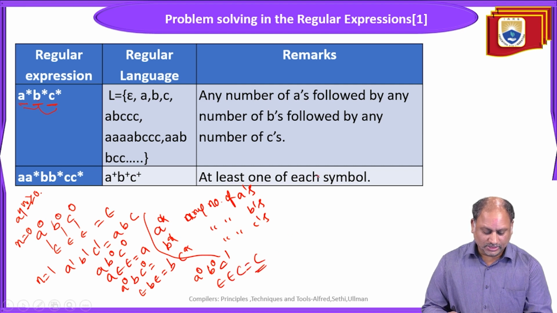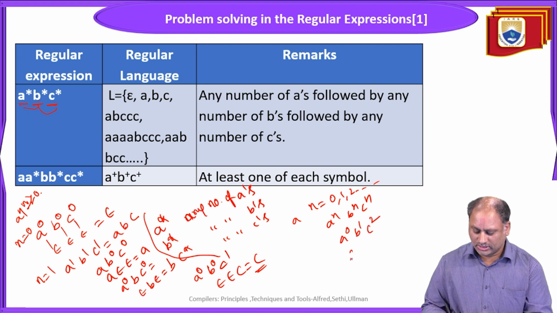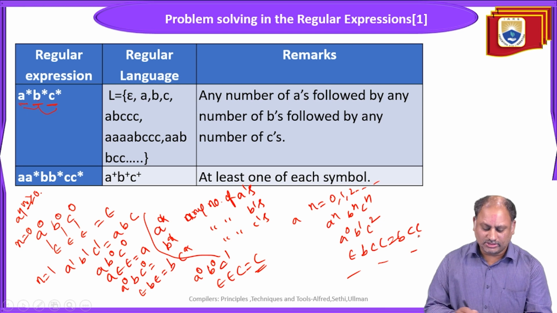So any number of A's, that means n equal to 0 with A, n equal to 1, and so the combinations may increase. So n is equal to 0, 1, 2. So A power n, B power n, C power n. So I may take A power 0, B power 1, C power 2 like this. Epsilon, B, C, C. So B, C, C. So like that, there are several combinations of strings that may exist for this language.